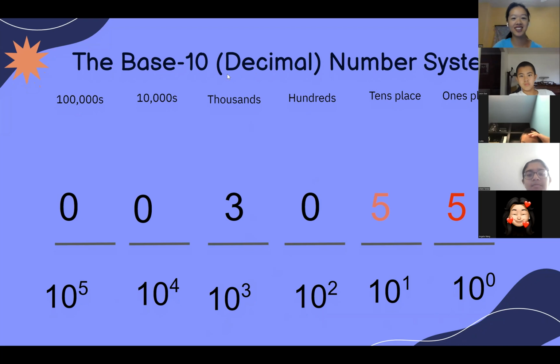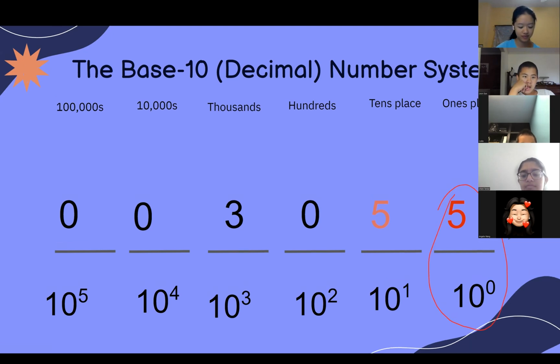Okay. So for example, the number 3055 would be 3 times 10 to the power of 3 plus 5 times 10 to the power of 1 plus 5 times 10 to the power of 0. So again, it's a multiple of a power of 10: 3 times 10 to the third, 5 times 10 to the first, and 5 times 10 to the 0.